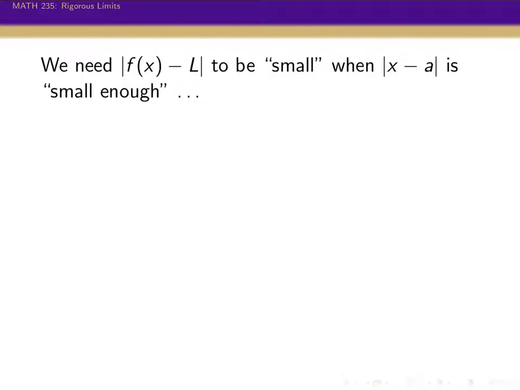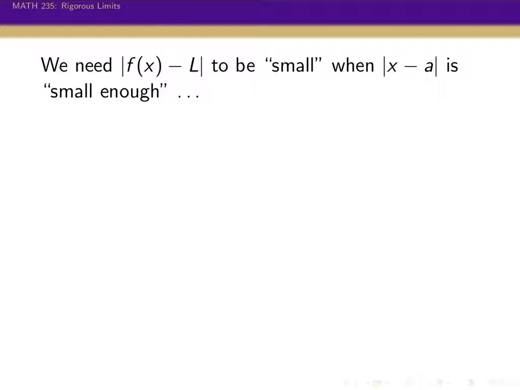So really, what we're saying in this definition is that we need the absolute value of f of x minus L to be small when the absolute value of x minus a is small enough. So f of x is close to L, the absolute value of f of x minus L is small, when x is close to a, so when the absolute value of x minus a is small enough. So this is how we precisely say that.